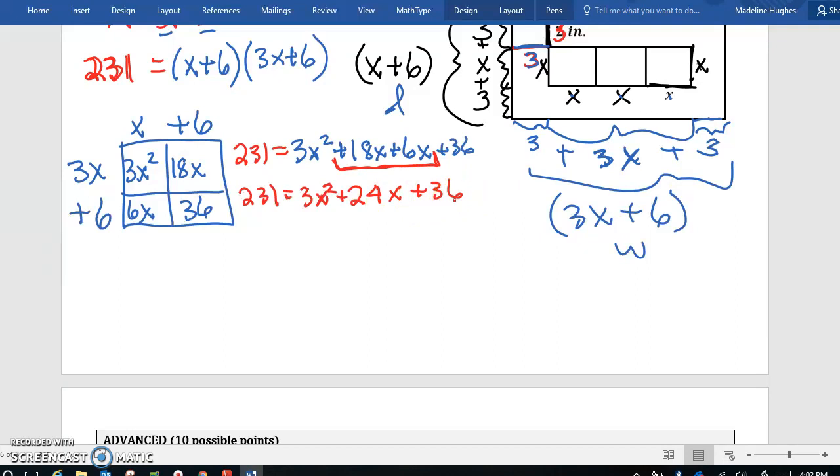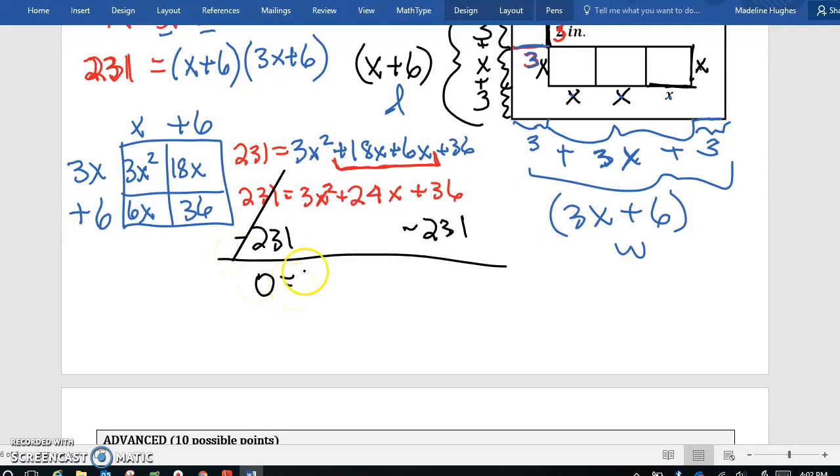And now in order to factor and solve for x, this needs to be equal to 0. So I'm going to subtract 231 on both sides. Minus 231, minus 231, those cancel, which is equal to 3x squared plus 24x. And then 36 minus 231.